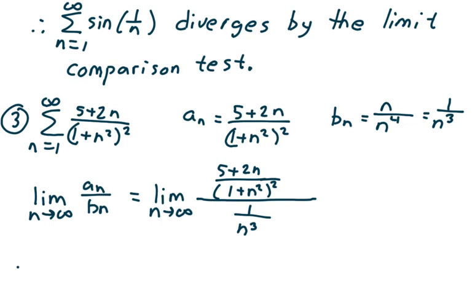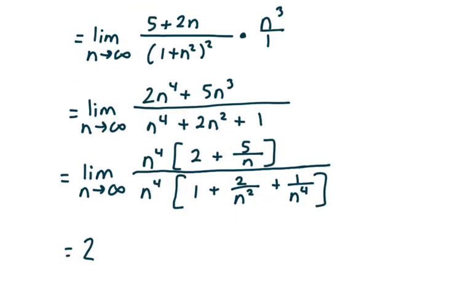Now, if I look at the limit as n goes to infinity of a sub n over b sub n, that's the limit as n goes to infinity of (5 plus 2n) over (1 plus n squared) squared divided by 1 over n cubed. And that's the limit as n goes to infinity of (5 plus 2n) over (1 plus n squared) squared times n cubed over 1.